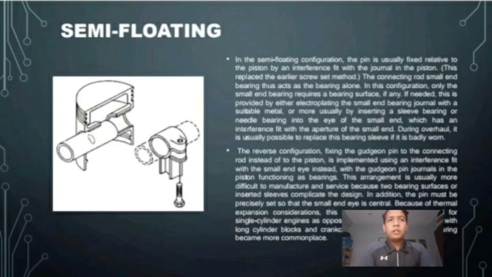In addition, the pin must be precisely set so that the small end eye is central. Because of thermal expansion considerations, this arrangement was more usual for single cylinder engines as opposed to multiple cylinder engines with long cylinder block and crankcase, until precision manufacturing became more commonplace.